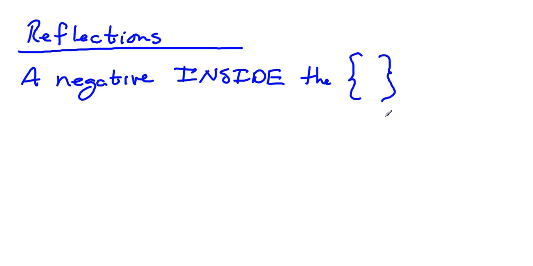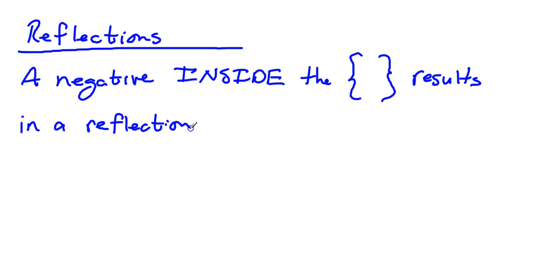How do they word it here? Y-axis reflections. So a negative inside the fill in the blank will be a reflection about the y-axis.